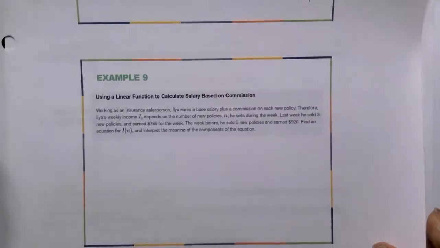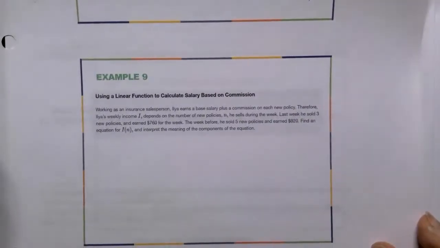Using a linear function to calculate salary based on commission. Working as an insurance salesperson, Ilya earns a base salary plus a commission on each new policy. Therefore, Ilya's weekly income, I, depends on the number of new policies, n.